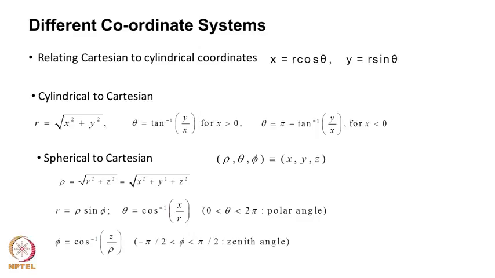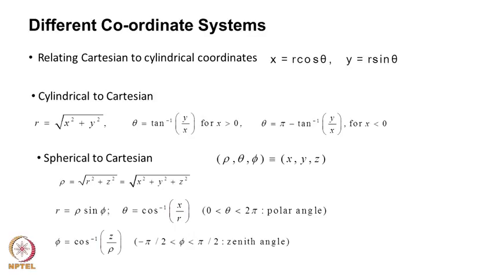Similarly, consider the spherical coordinate system to the Cartesian coordinate system. In the spherical coordinate system, you have 3 parameters to define. One is rho, which is a radius, theta is the angle between 2 sets of coordinates, and phi is the angle between another 2 sets of coordinates, and they are related to the Cartesian coordinate system x, y, z by the formula given here.